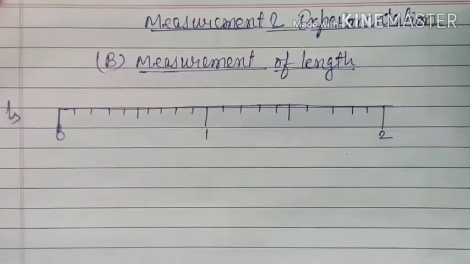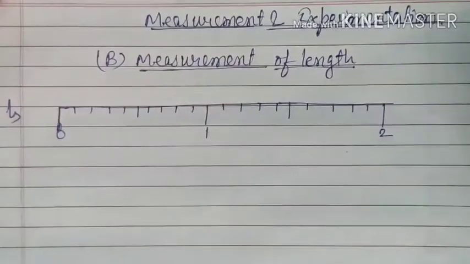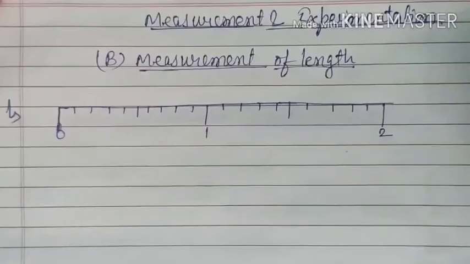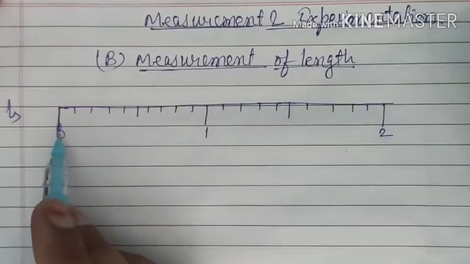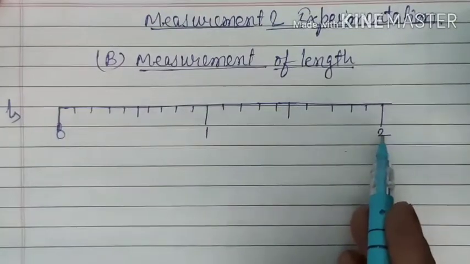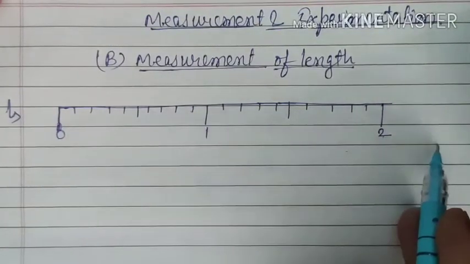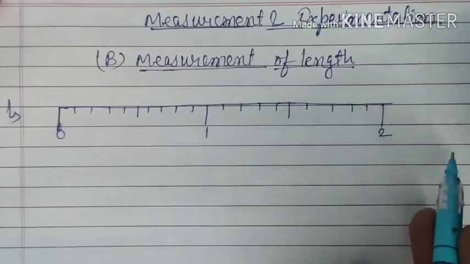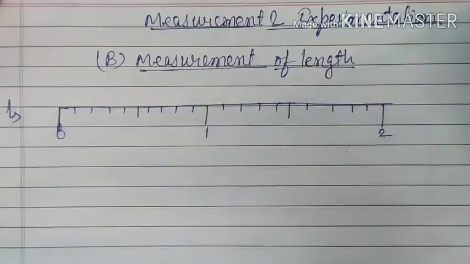Generally we use a centimeter scale or meter scale to measure a small length. Small length means you can say the length of a small thread, or the length of a line segment. So this is a 1 centimeter scale. We know that on our centimeter scale, these larger markings are indicating measurement in centimeters, so it will give us measurement in centimeters.